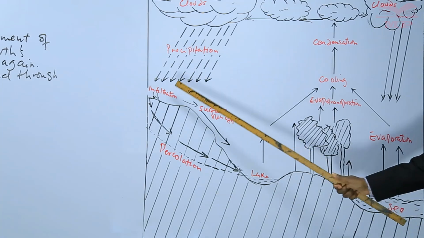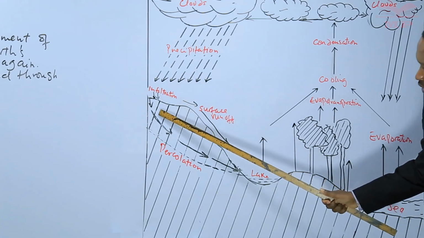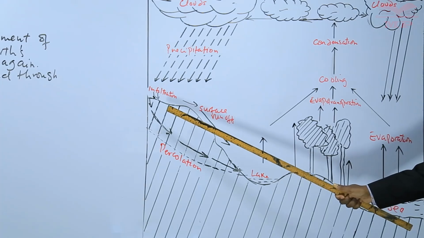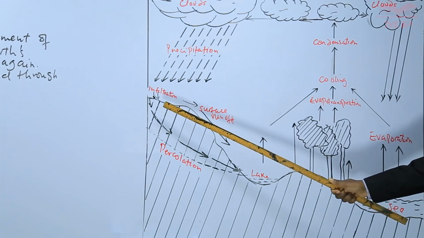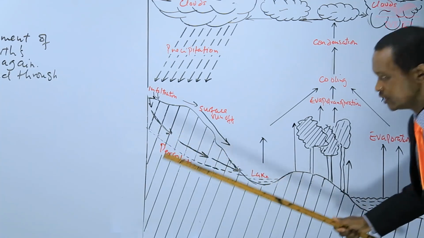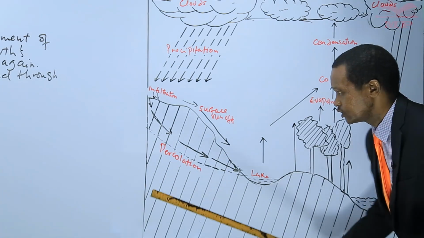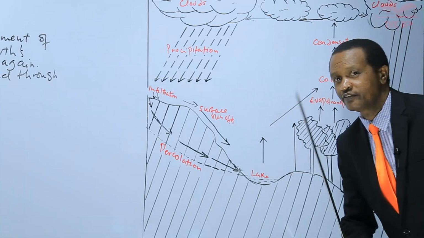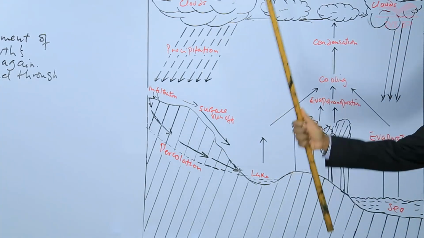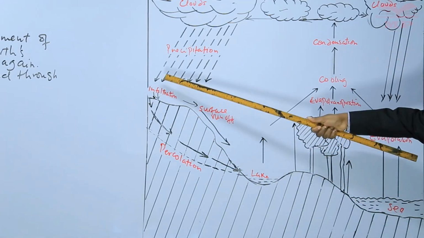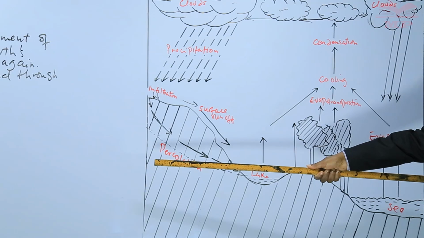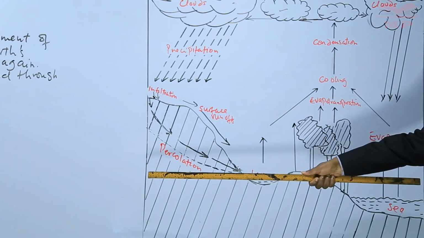Now, the water that finds its way into the ground through infiltration, learners, moves downwards and sideways, through the process we are calling gravity, because of the force of gravity inside, the water is forced down due to gravity.